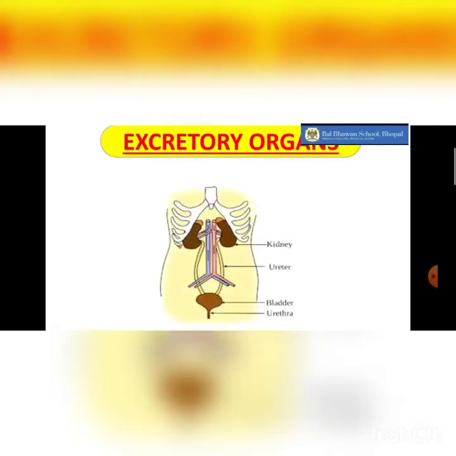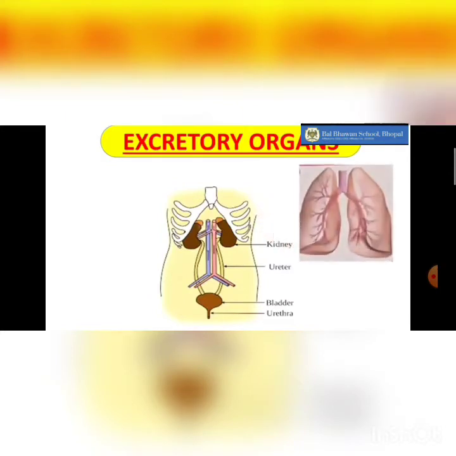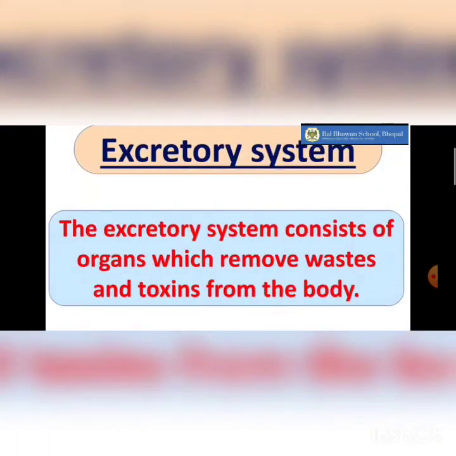The first excretory organ is kidneys, then we have ureter, then bladder and urethra, which actually form your urinary system. But along with them, we also have lungs and skin, which help in removing the waste from our body.